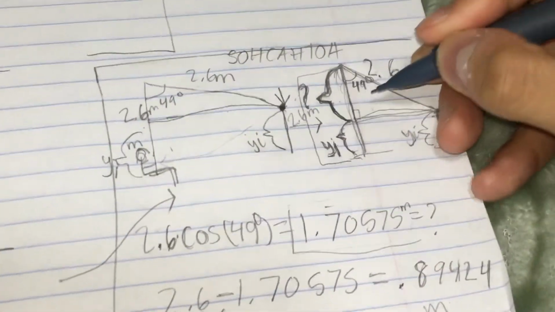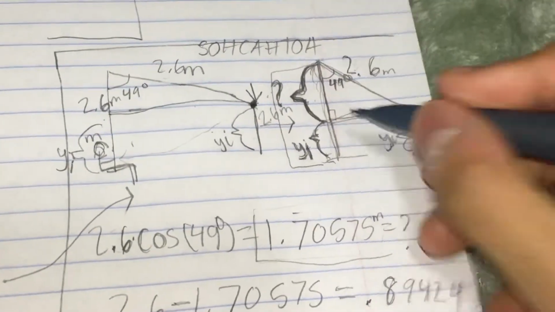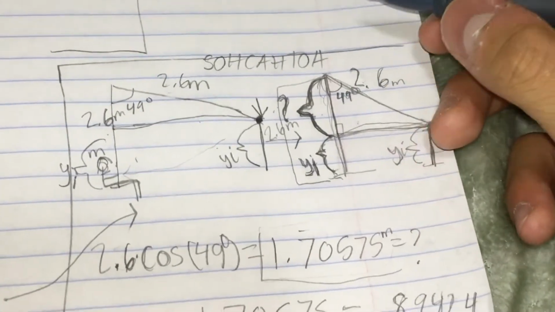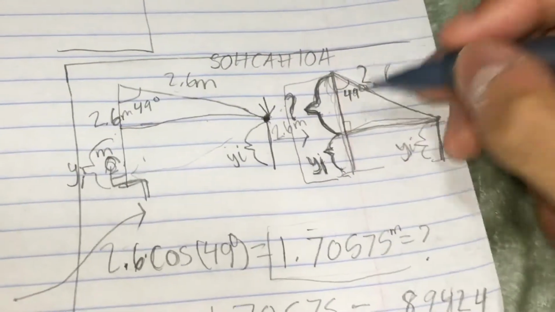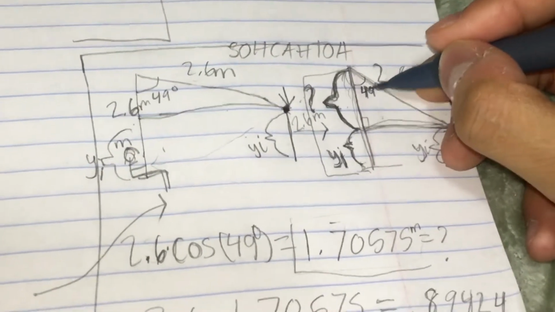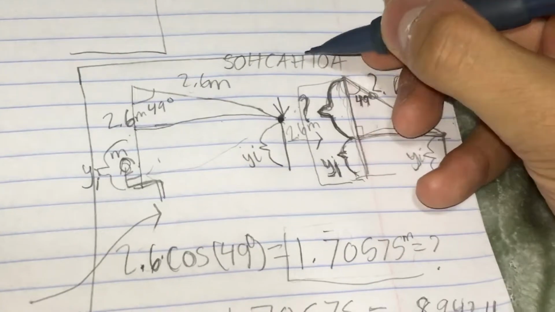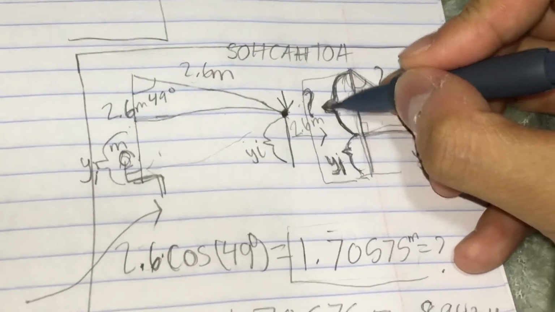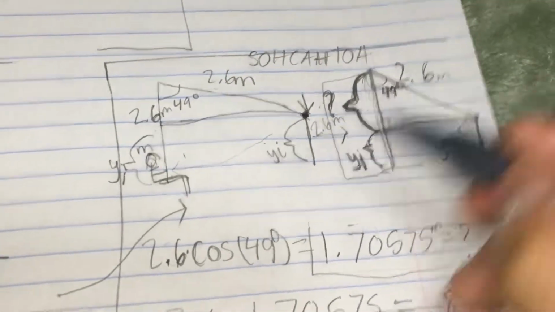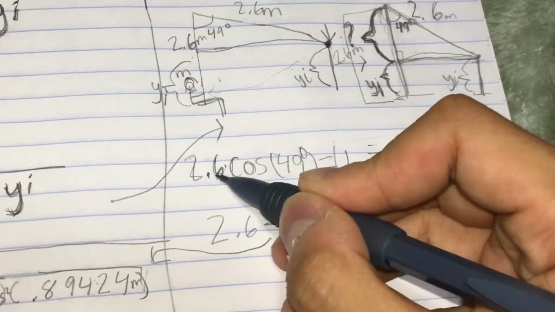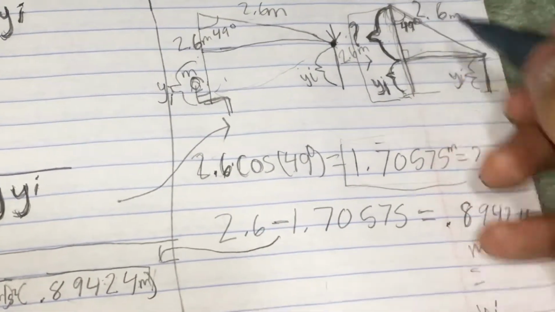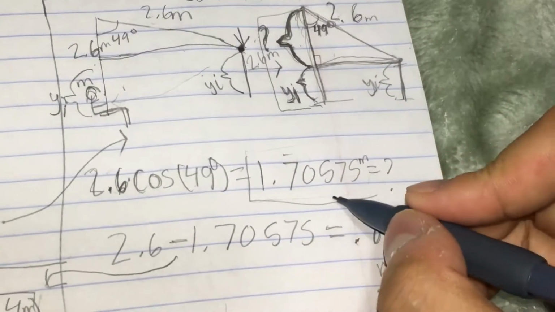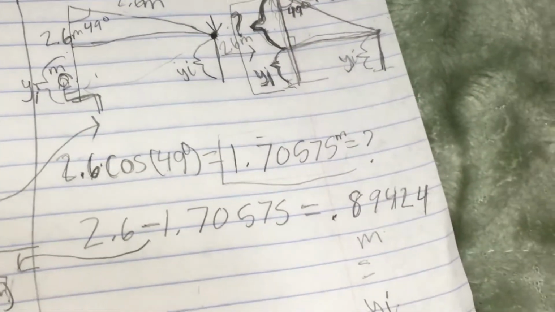Since we already drew the right triangle, we can use trigonometry to find the adjacent side of this triangle, the side adjacent to 49 degrees. We can use cosine, because we need the adjacent and the hypotenuse. So the hypotenuse, 2.6 times the cosine of 49 degrees, equals the adjacent side of this triangle, which is 1.70575 meters.